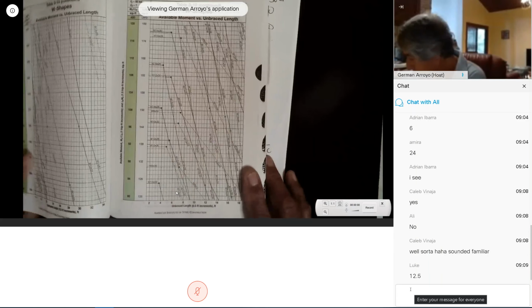Whenever we look at the section that we selected based on the 24 and the moment, this section that is bold, that is dark, what did I tell you about this section?